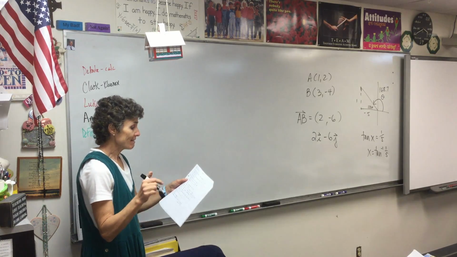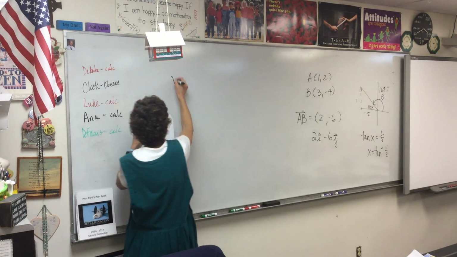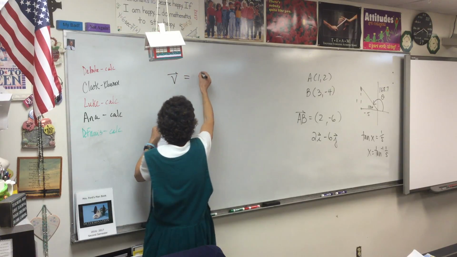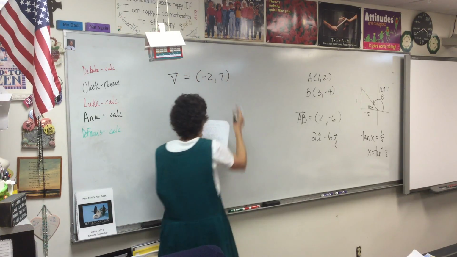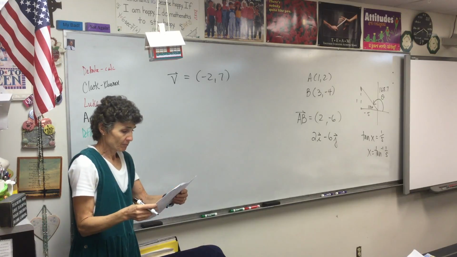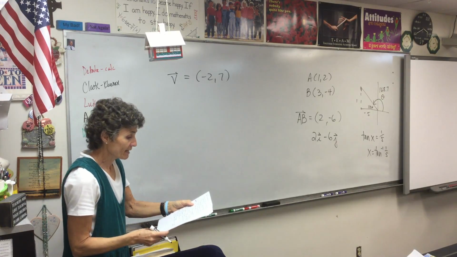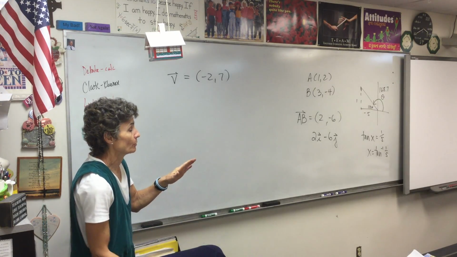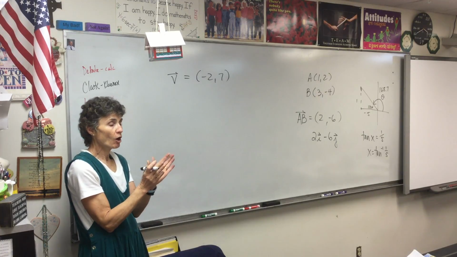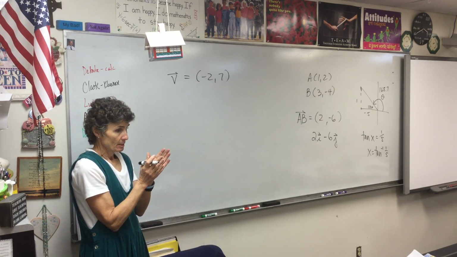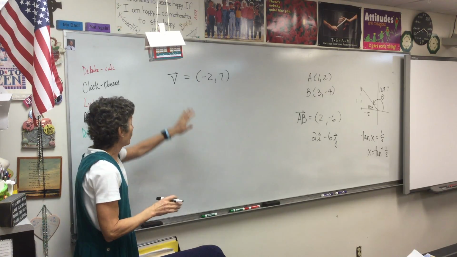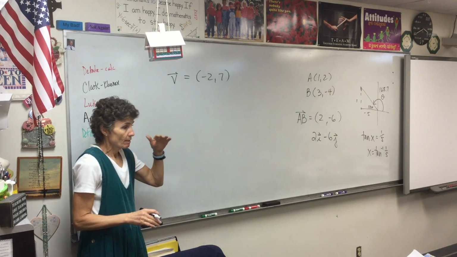All right, find a vector parallel to V. V is negative 2, 7. I got that from problem 1, and I want to find a vector parallel to it. Now, do not make this hard. Think about it for a second. What is this vector doing?